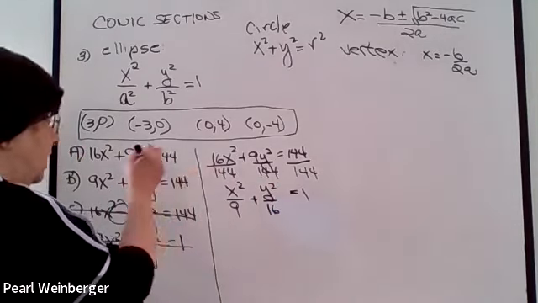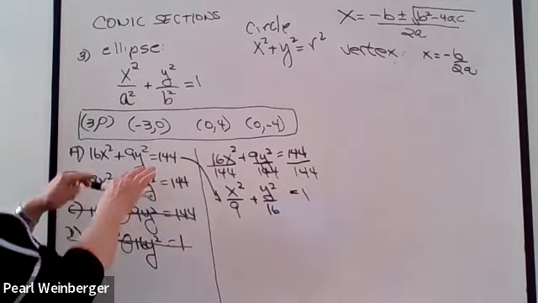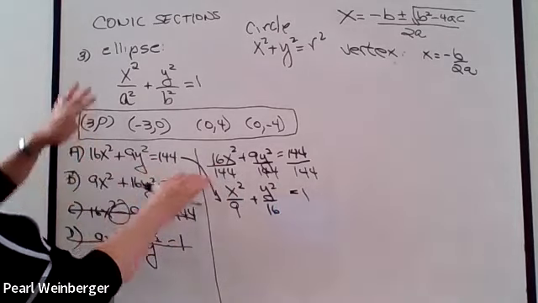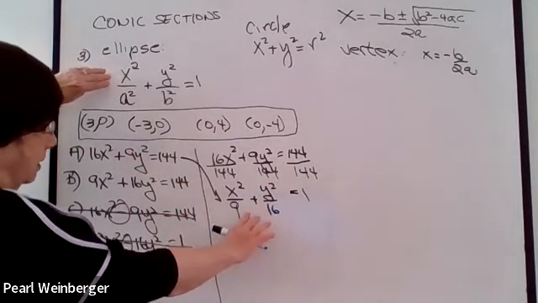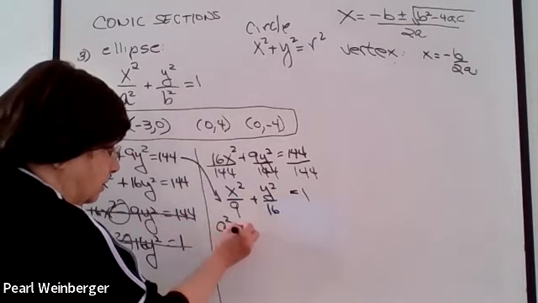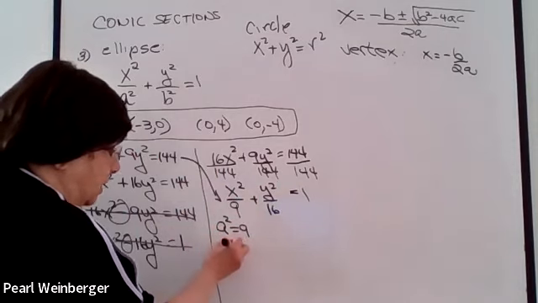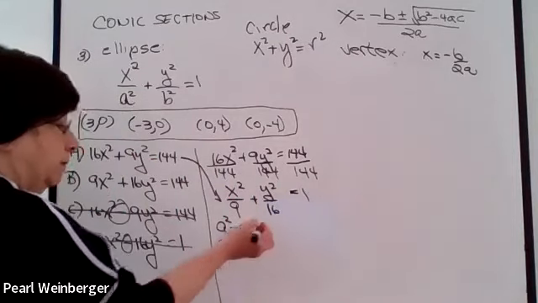Notice we have now taken example A and put it in standard format. We see clearly it is an ellipse. And since the a squared is 9, that would mean the x-intercepts have to be either plus or minus 3.